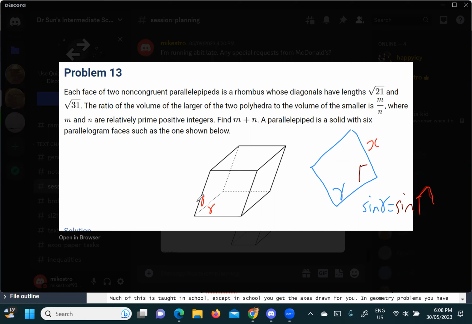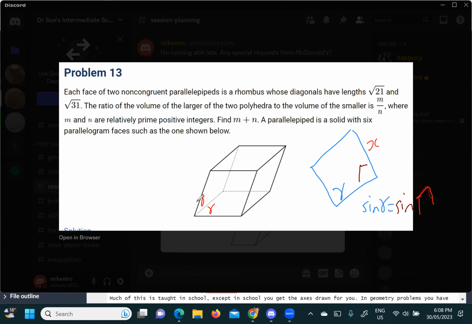In the end, if the volumes are different, then you know they're not congruent, so it's kind of self-fulfilling. Then the volumes only depend on the height of the parallelogram.